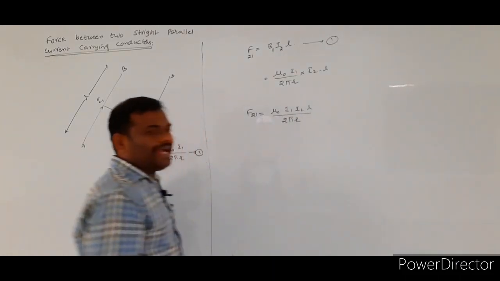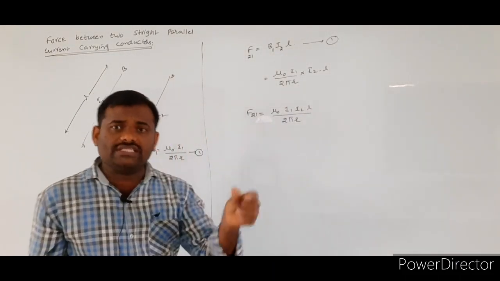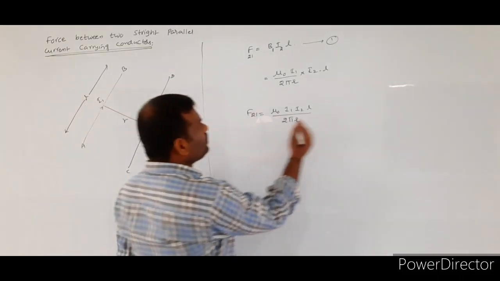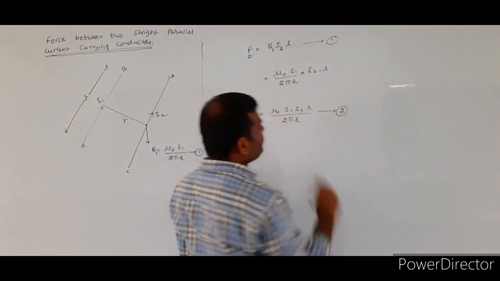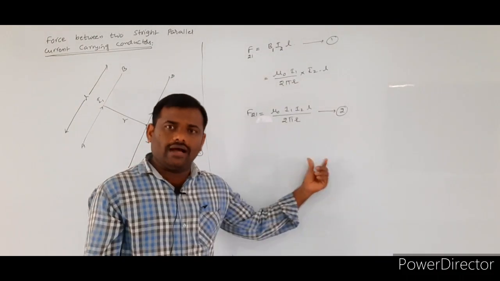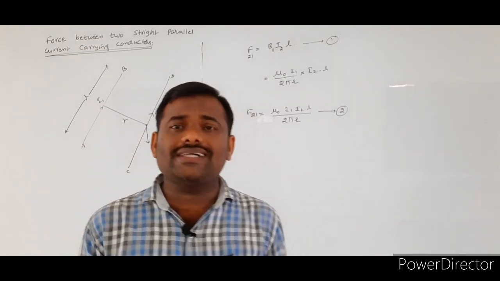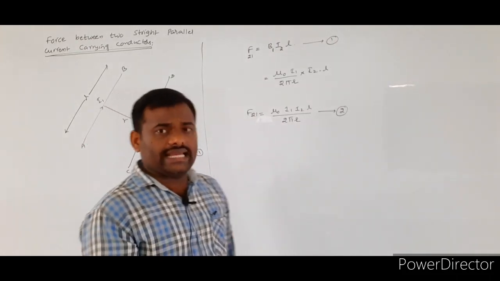So the magnitude of the force experienced by the second conductor due to the first conductor is F21 equal to mu naught I1 I2 L by 2 pi r. So we derived the expression for the magnitude of the force exerted by the first current carrying conductor.